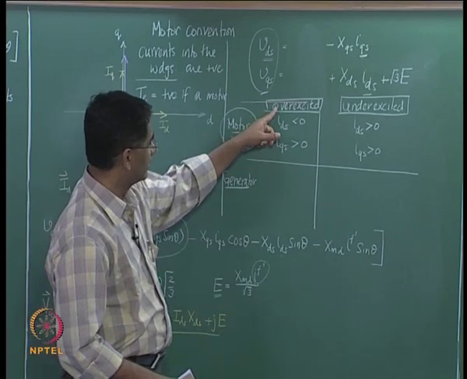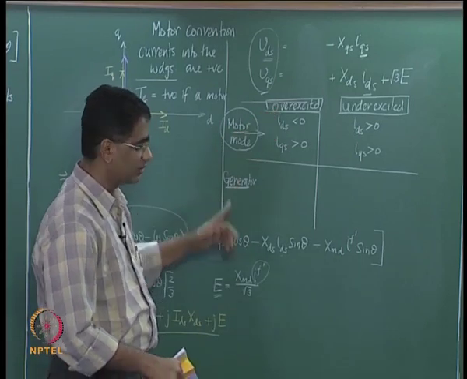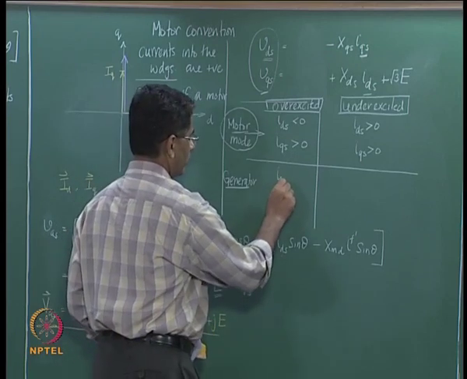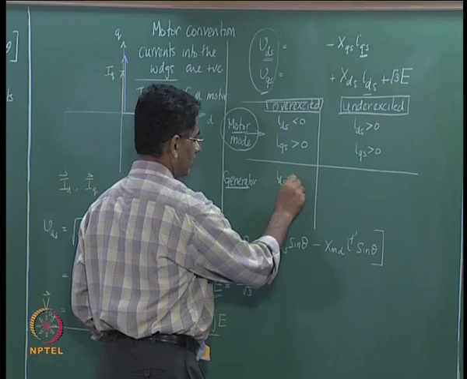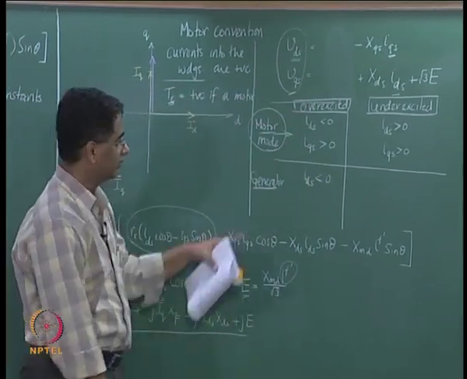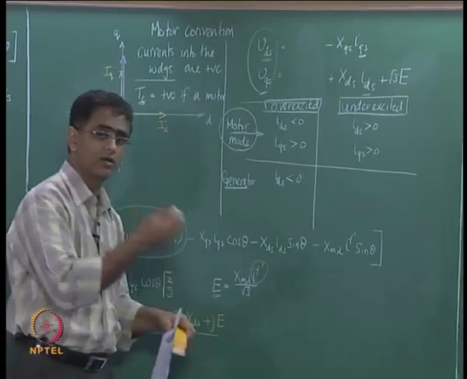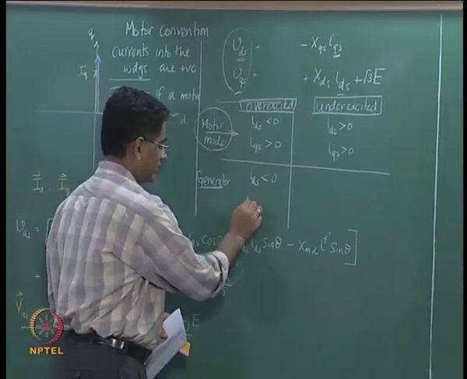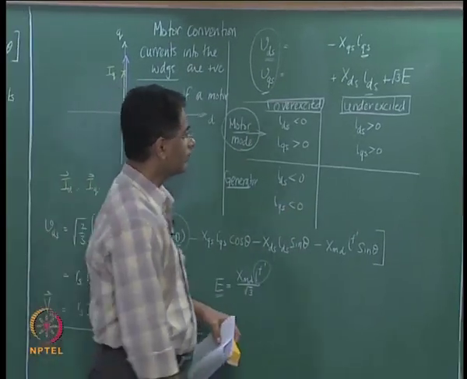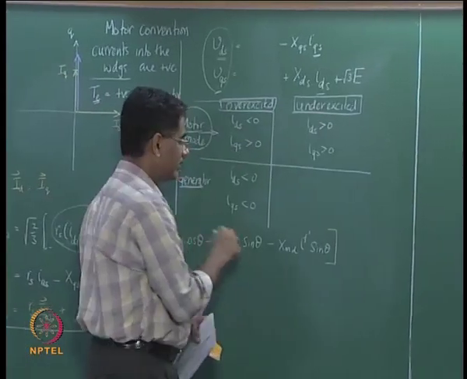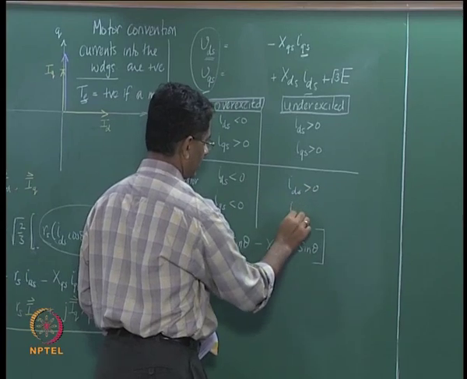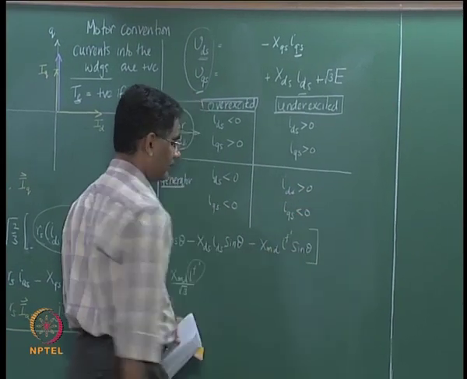An over excited synchronous generator, in the convention that we have used, would then mean IDS is still less than 0 because we are talking about an over excited case, but it is a synchronous generator and the torque must therefore be negative in our convention, and therefore IQS has to be less than 0. And an under excited synchronous generator will then mean IDS is greater than 0 and IQS is less than 0.